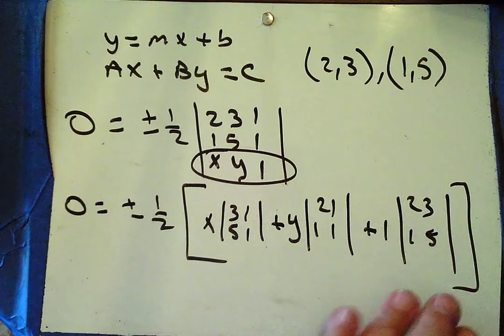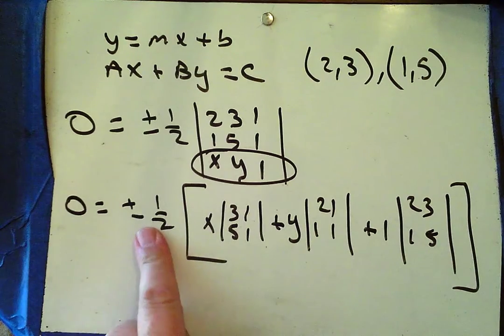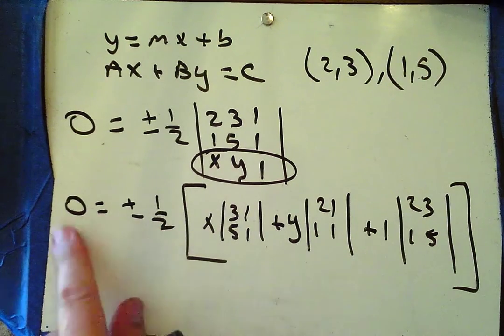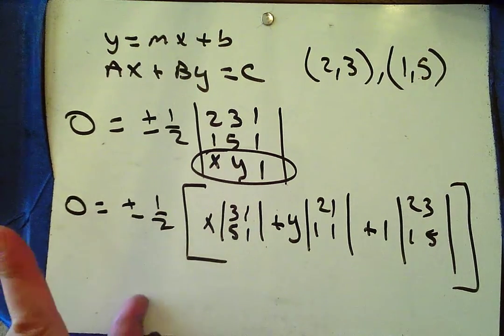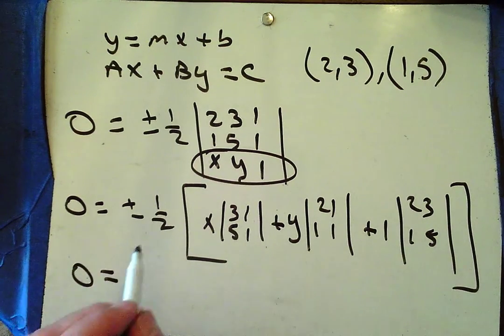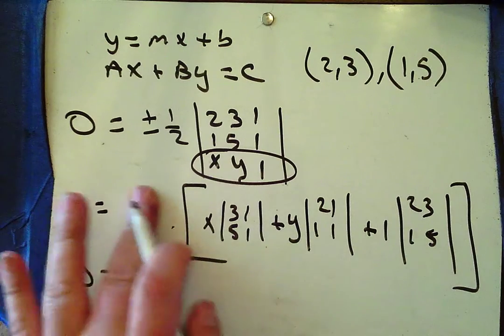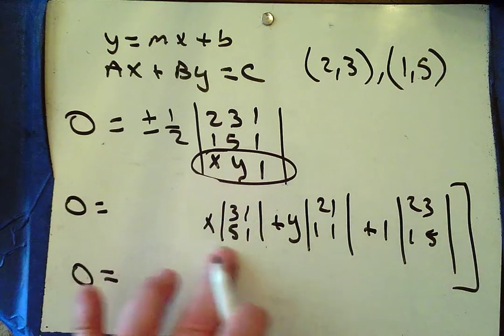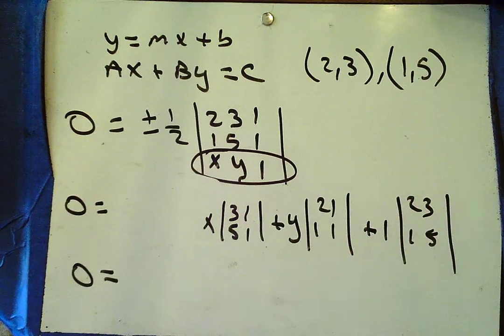Okay, now before I start in over here, let's look over here. If I divide both sides by plus or minus 1/2, 0 divided by plus or minus 1/2 is still 0, and this becomes 1. So that goes away, and all I have to worry about is this.